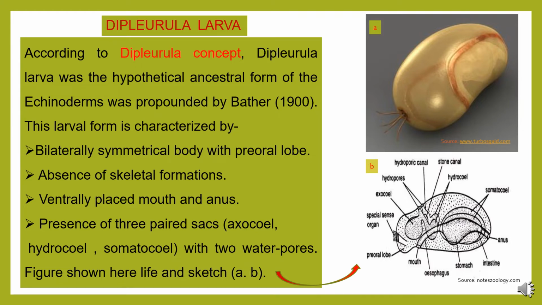This larval form is characterized by a bilaterally symmetrical body with a prioral lobe, absence of skeletal formations, ventrally placed mouth and anus, and presence of three paired sacs: axocoel, hydrocoel, and somatocoel, with two water pores. The figure shown here presents a live specimen and a sketch of the dipleurula larva.